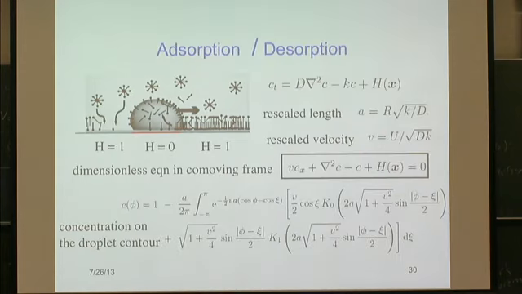Well, for this, we can do a theory which is actually very similar to what is done in the pattern theory, in the Fitzhugh-Nagumo equation. So what you need here is an equation for the surfactant adsorbed on the interface, and it is dissolved, and it is absorbed, but only outside the droplet.